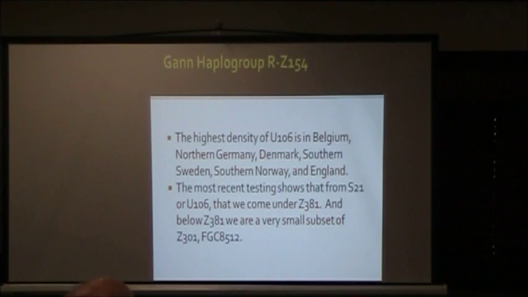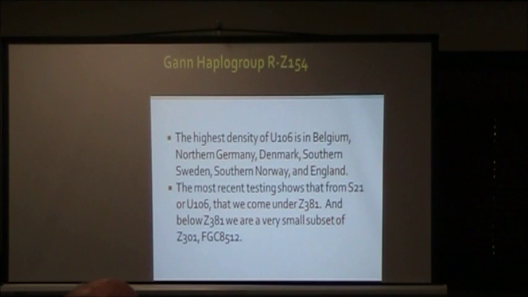You see the highest densities in Belgium, northern Germany, Denmark, southern Sweden, southern Norway, and England. The most recent testing shows that S21 is equivalent to U106. Some places have different terminology. I think S21 is an older terminology, and U106 is a newer, more specific term.